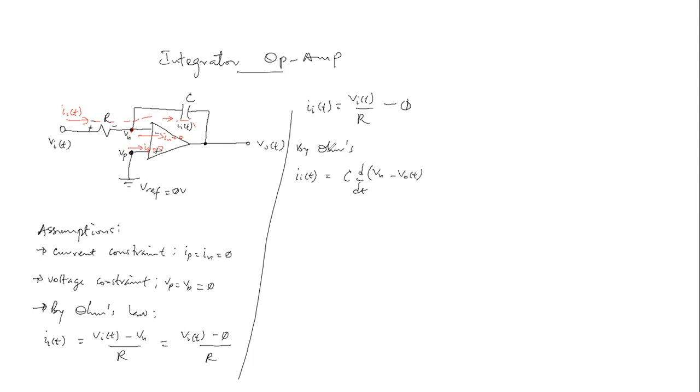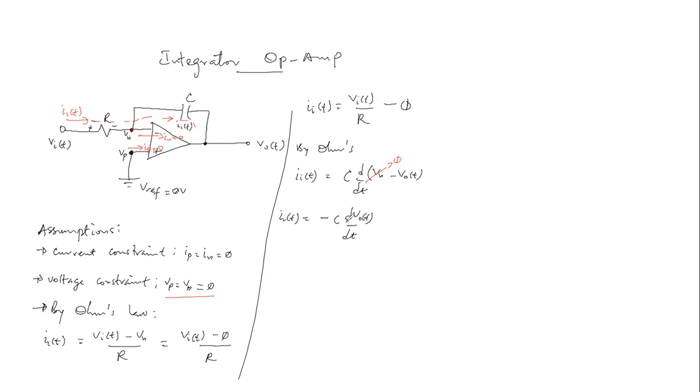And we already know that V sub N is the same as 0, based on the voltage constraint. Since V sub P is grounded, that is the same as 0, then V sub N is 0, then I sub I of t will be the same as negative C dV naught of t dt. Perfect.